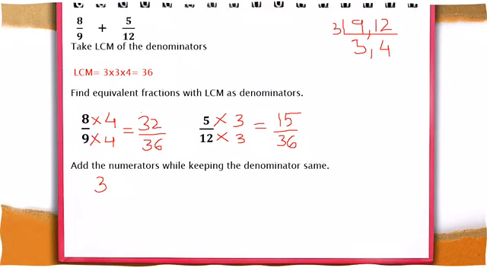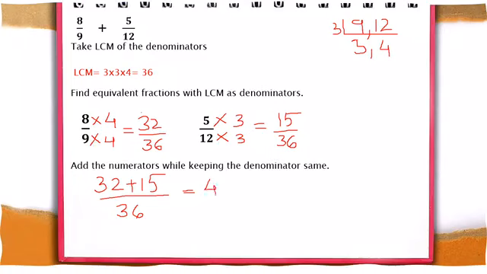So here in a single step, I am going to write down 32 plus 15 in the numerator, whole divided by 36, because we keep the denominator the same and add the numerator only. So now when we add 32 plus 15, students, we get the answer as 47.